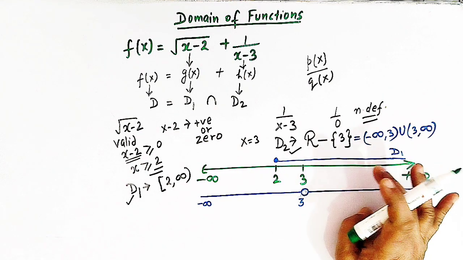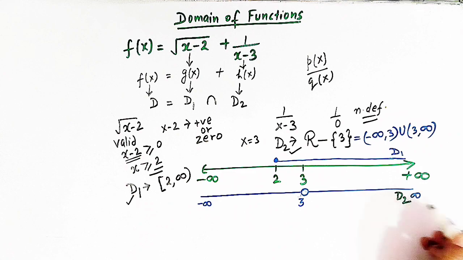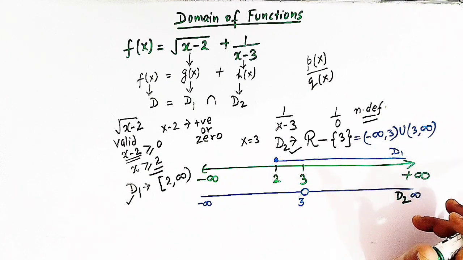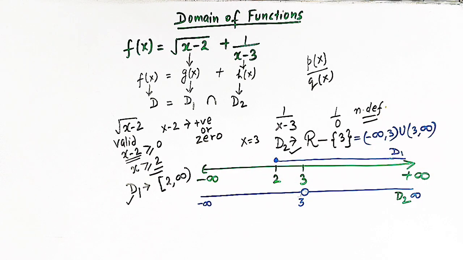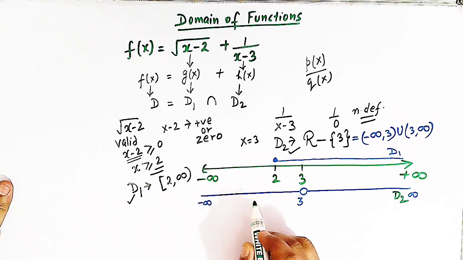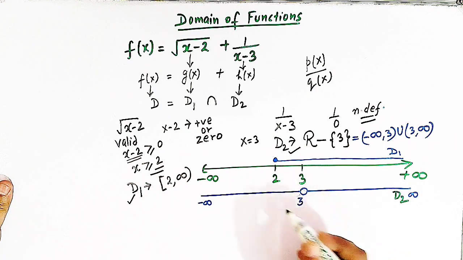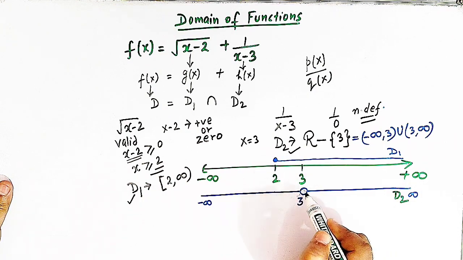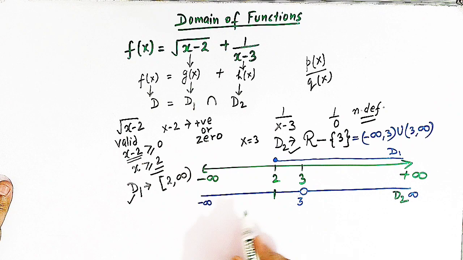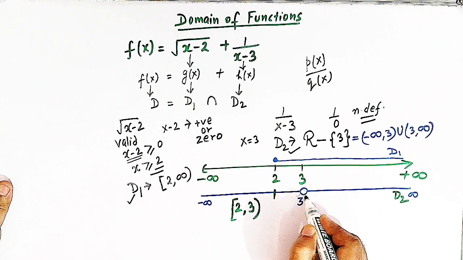Okay, so now from D1 and D2, we have to identify the common region, right? And from this real number line and the domains D1 and D2, we can easily identify the common region. The common region comprises the interval from 2 to 3. 2 is included and 3 is not included, right?